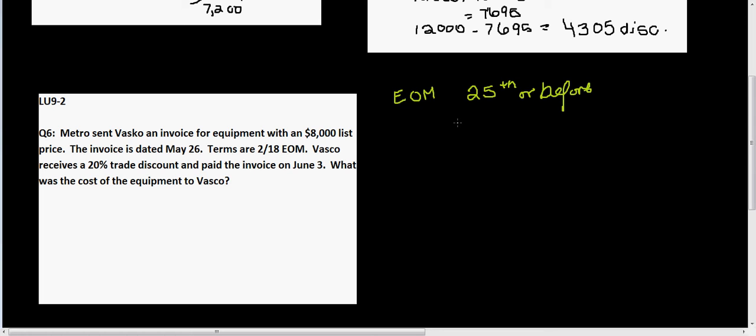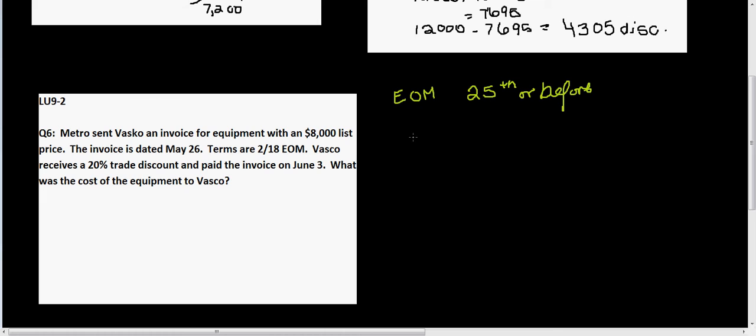So for instance, if this is May 26th, let's say it was May 18th, I paid it on June 10th, I would be allowed the 2% discount because I got it paid within 18 days of the beginning of the next month, which is June.